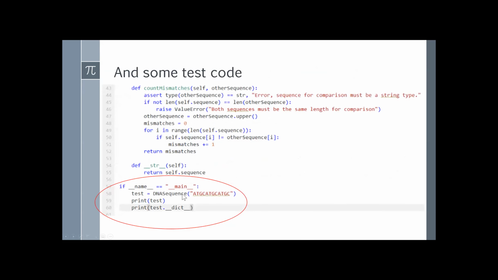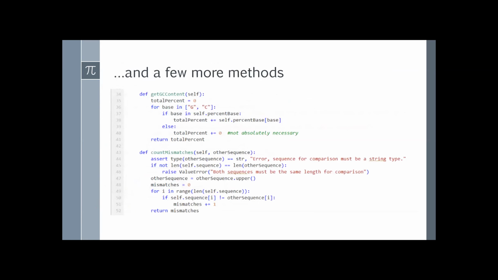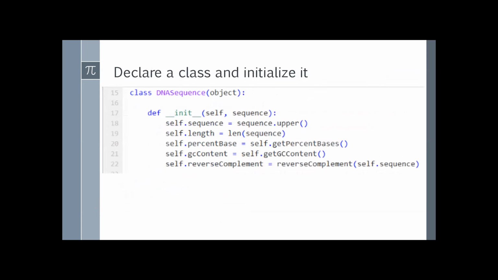There it is. So here I'm saying test equals DNA sequence, and I'm passing it just these A's, T's, G's, and C's. This value right here, the set of A's, T's, G's, and C's, comes in right here as sequence.